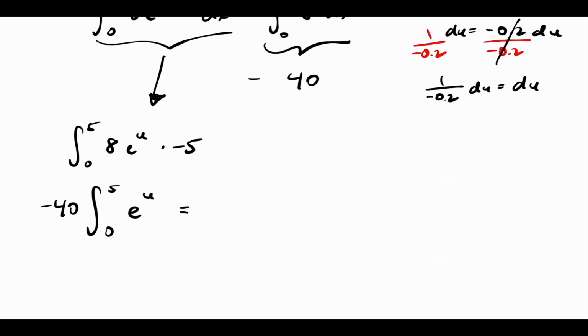E to the u power is the same thing. It stays the same. Negative 40 times e to the u power, evaluate from 5 to 0. Put in u.